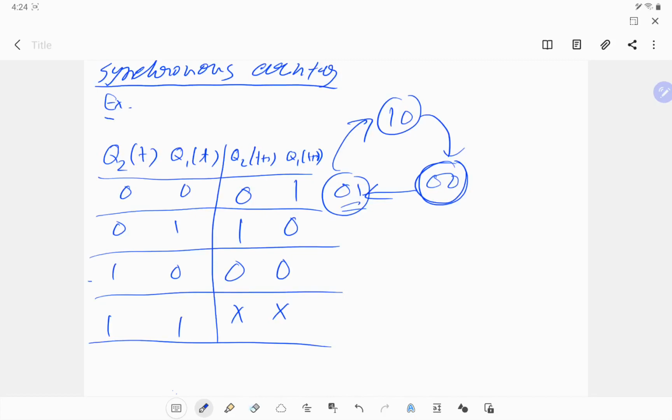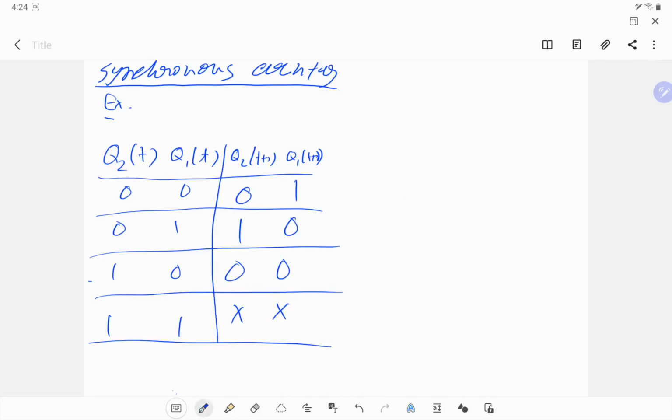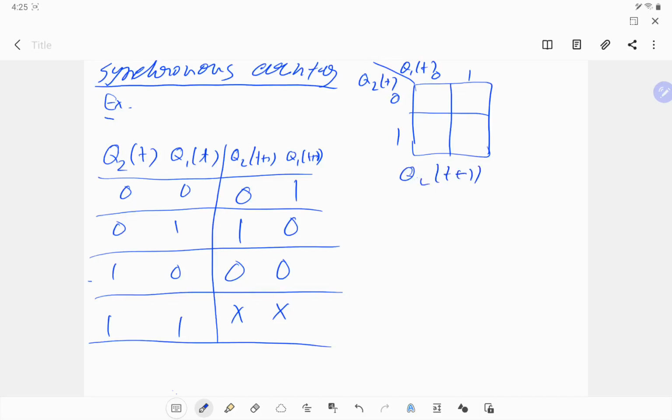So now we got the state table, and we want to design the circuit, and we need to know the functions for Q2 t plus 1 and also Q1 t plus 1. So now we need a truth table, with Q2 t and Q1 t, and this is for Q2 t plus 1.